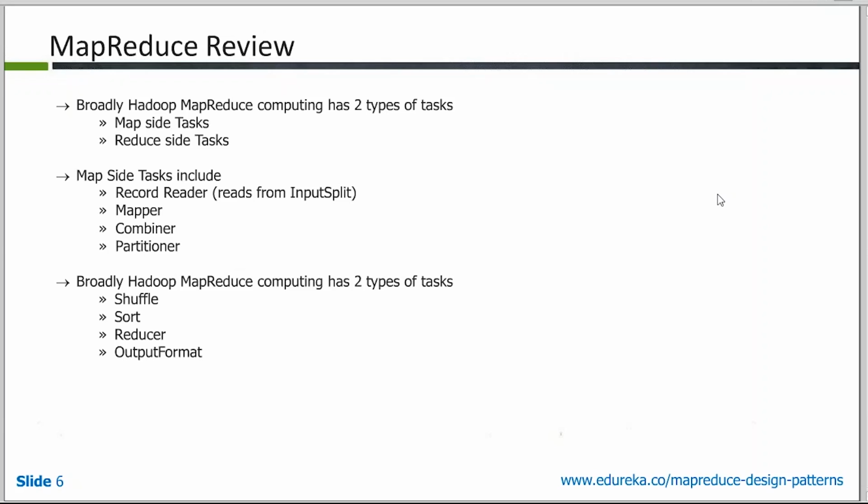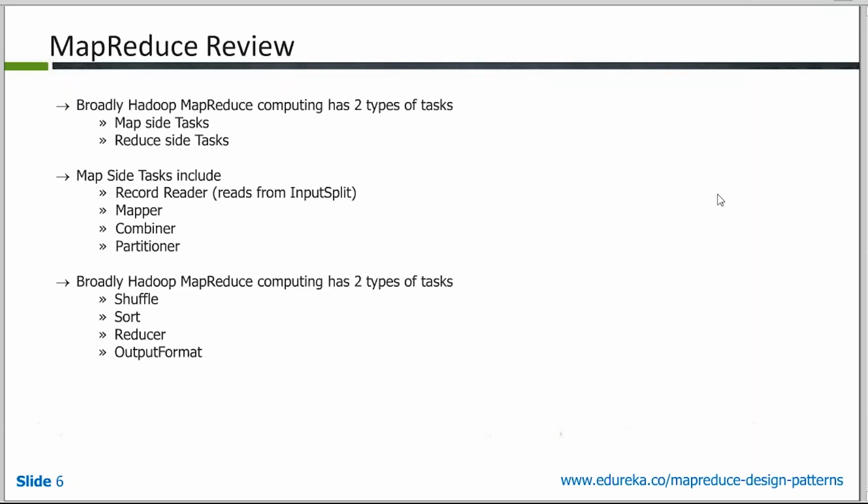Then we have the combiner, which is an important aspect of a lot of design patterns. In some cases the combiner might not be very useful, but there are other cases where it can be very useful.